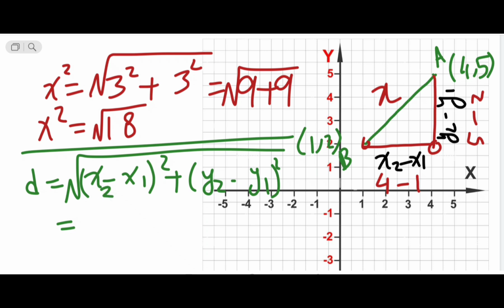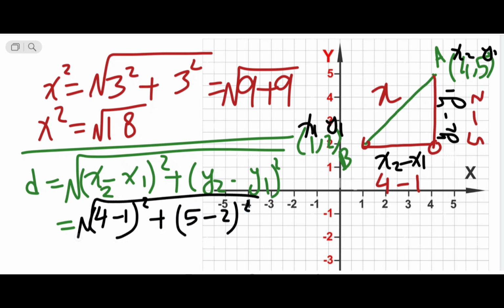This is the point (x1, y1), (x2, y2). So x2, which is 4, minus 1, squared, plus y2, which is 5, minus 2, and square root.